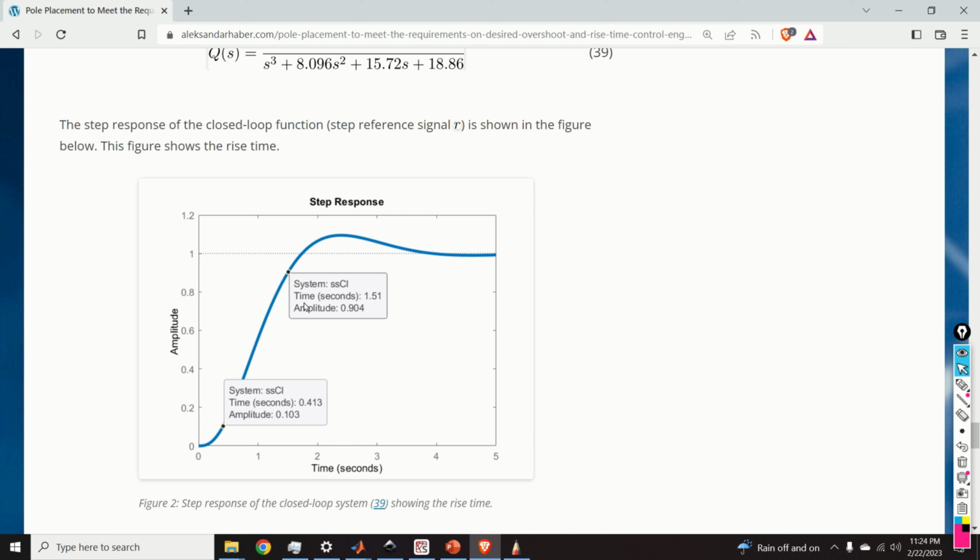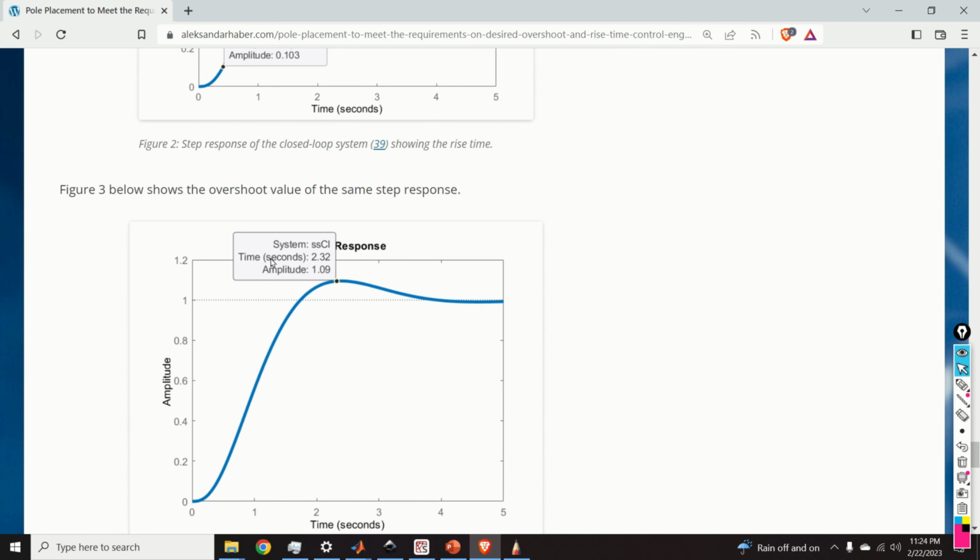We can clearly see that basically the rise time is properly met in practice. That is, the desired rise time is approximately 1.1 second, right? That still can be a little bit improved. However, this is still relatively good since we are using very crude approximations.